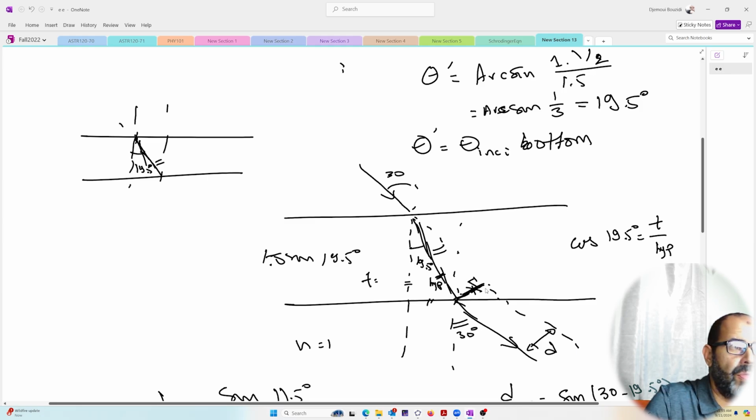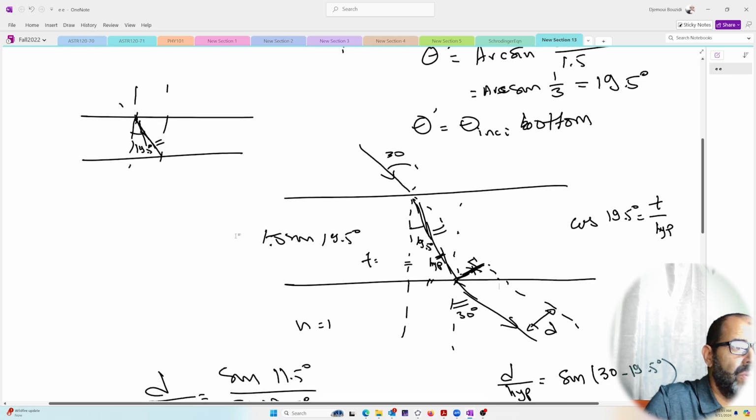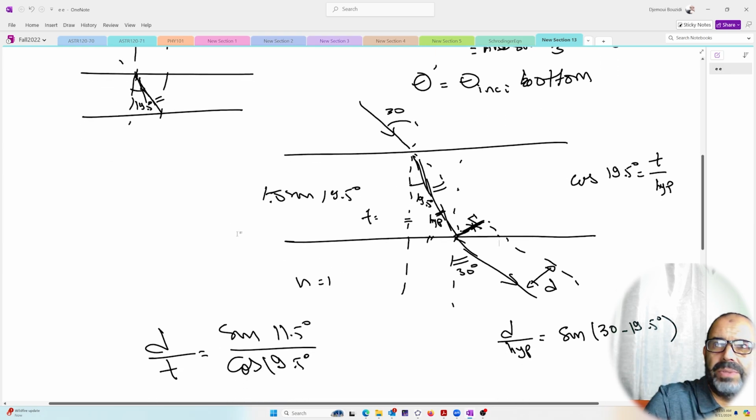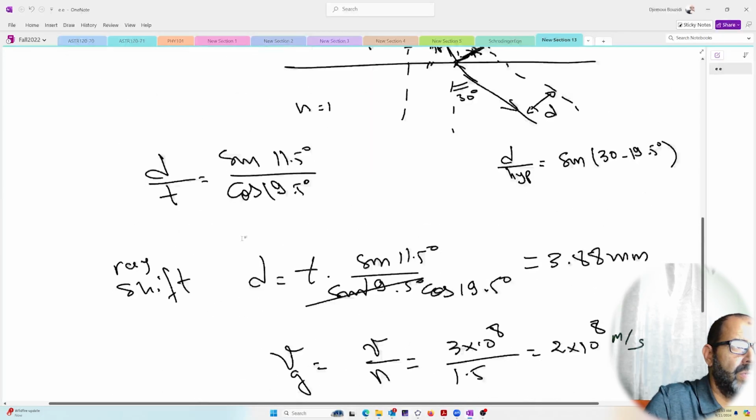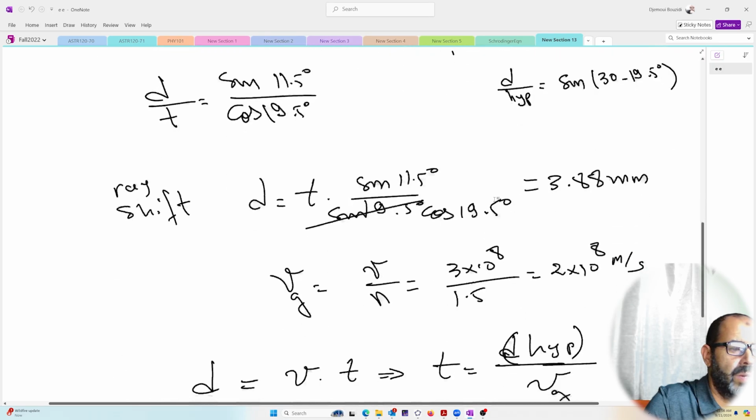It's a longer path, but it's at a faster speed. And the ratio should be of the order of 1 over n times n, so at the end it should cancel out. The time should be the same. Of course, if you're interested, you should go ahead and calculate it, but the time should be the same.